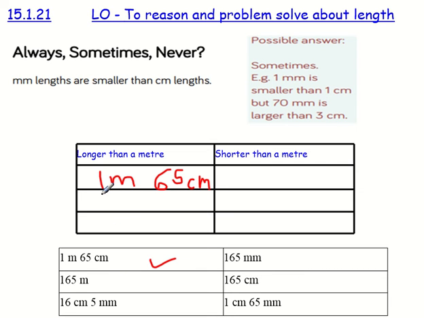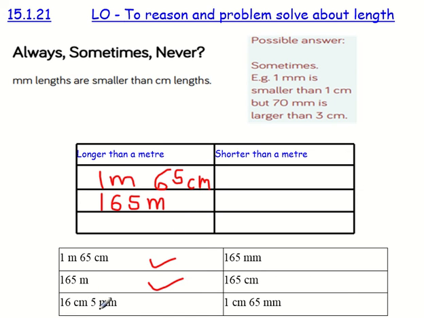So we know then, 165 metres goes into this side of the table because it's longer than a metre. Okay, so we've got that one done.